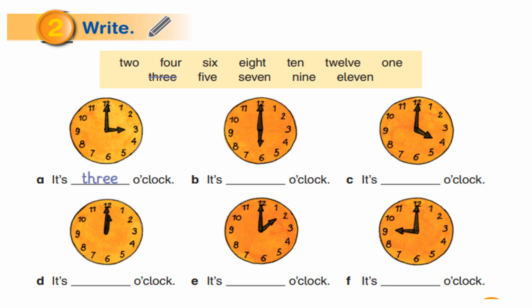Please choose the time or write the number on the line. Write the correct answer. What's the time? Look at the second clock and tell me what's the time. You can choose the number from the box.